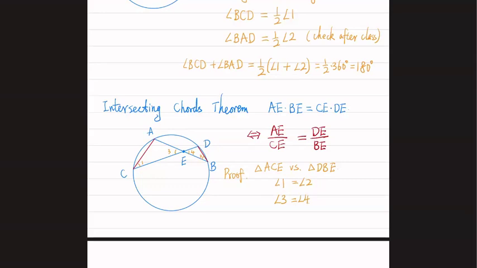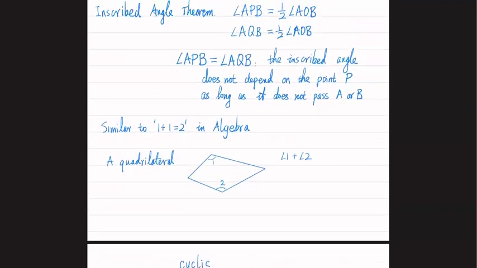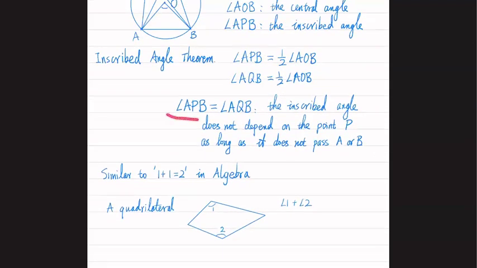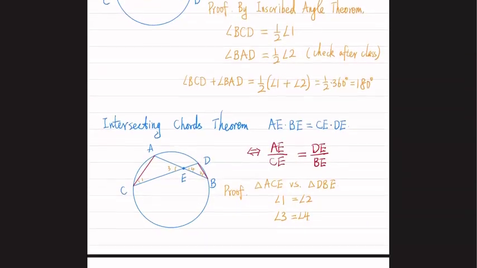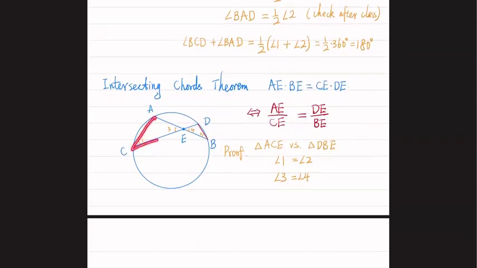They are the inscribed angles for the same chord AD. Then by our inscribed angle theorem, the inscribed angles are the same no matter where the point is. So in particular, these inscribed angles for the same chord must be the same.